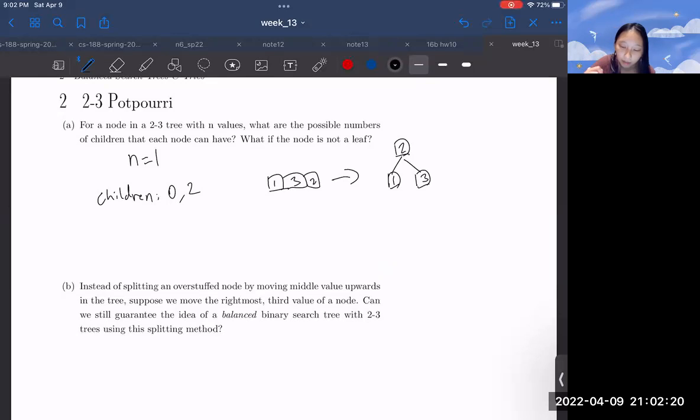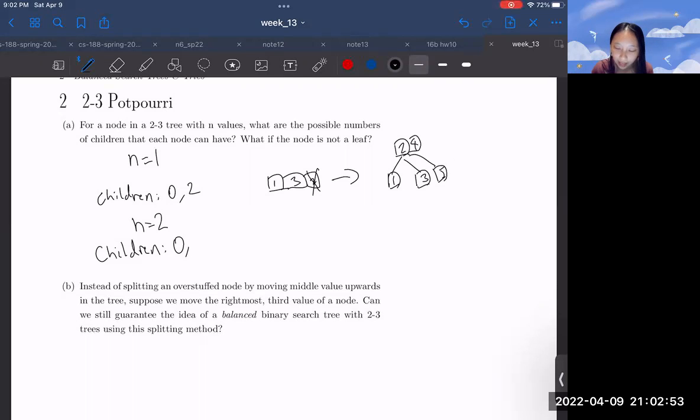The second case is the node has 2 values in it, so n equals 2. There's always an option for it to be a leaf node, like this was before we added the 2, and that means there are no children. The second option is that we have this value, and then we add 2 more values to it, so that we have another child 5, and another value in this node, 4.